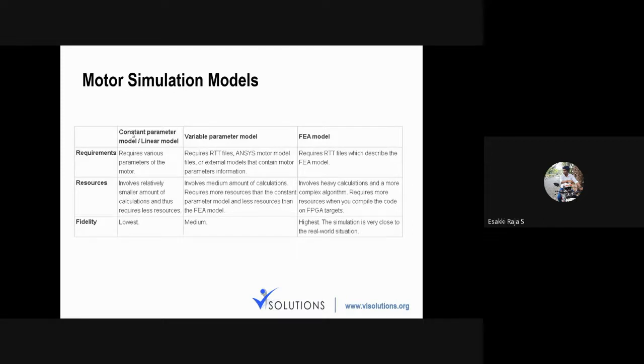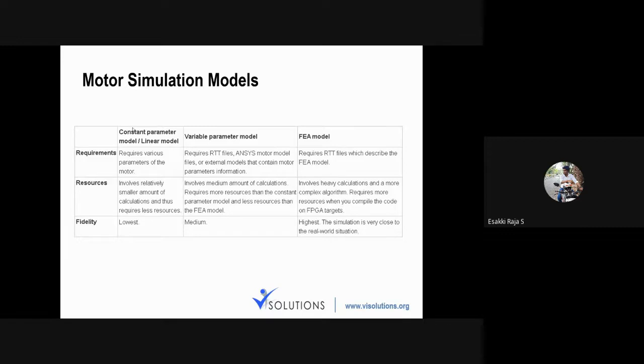That is what we'll call fidelity, in the sense of how much accuracy it has. So when we use the constant parameter model, the real-time response and the simulated response will not have that much accuracy. That is the disadvantage of the constant parameter model.